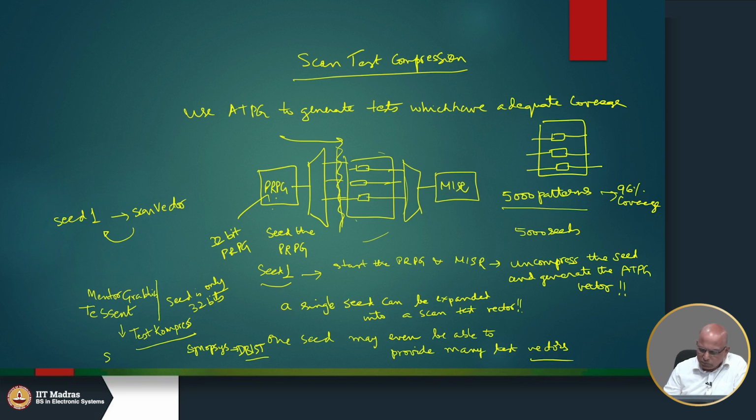So, it can be expected to be a low cost tester, and it will use a MISR to check whether the fault is caught or not. That means, if the golden signature is different from the actual signature, then the fault has been caught, a different signature was generated. Okay. So, this is called test compression.